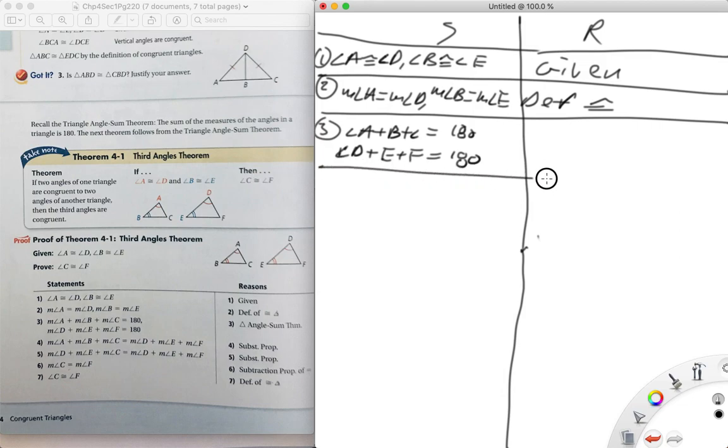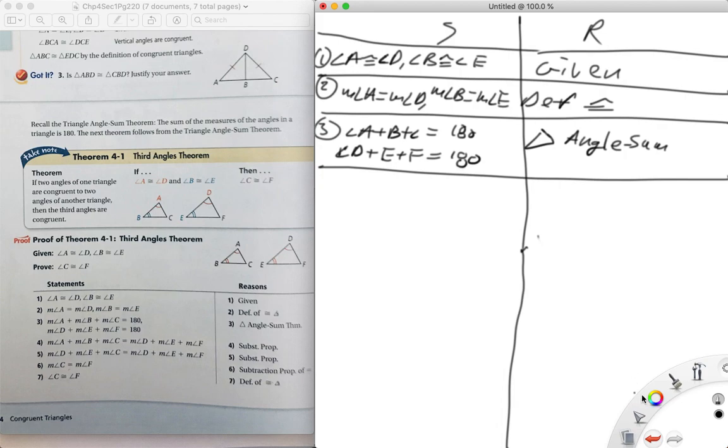And this is because of the triangle sum theorem. Remember, the triangle sum theorem, or angle sum theorem, says that if they are triangle interior angles, the three of them add up to 180.